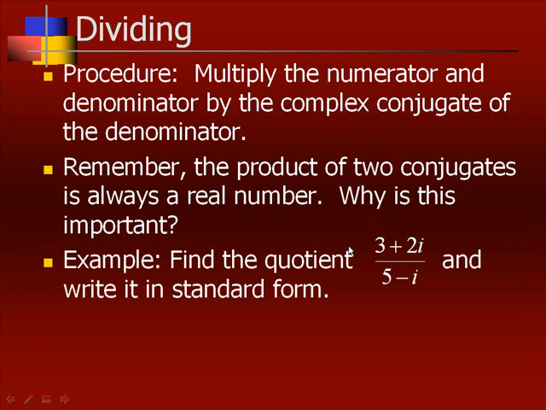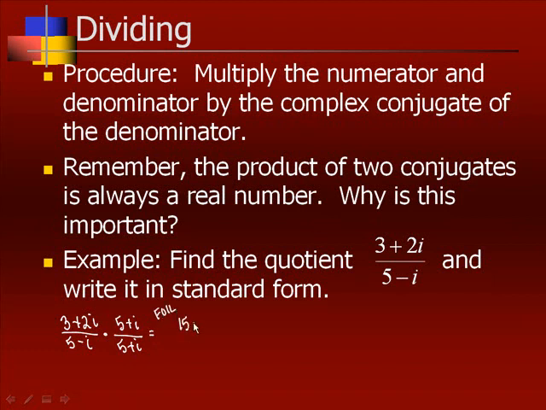So, if we wanted to find the quotient 3 plus 2I over 5 minus I, what's the conjugate of the denominator? If it's 5 minus I, then the conjugate would be 5 plus I. Well, if you do the bottom by 5 plus I, you have to do the top by 5 plus I. So, we're going to FOIL out the top.